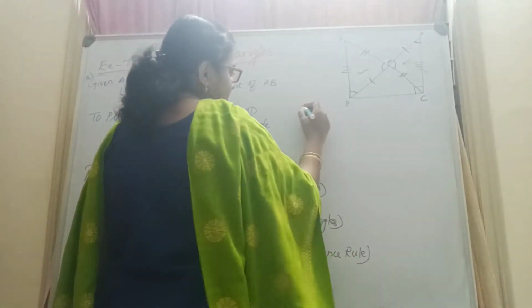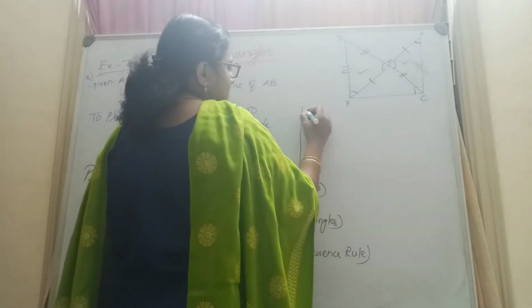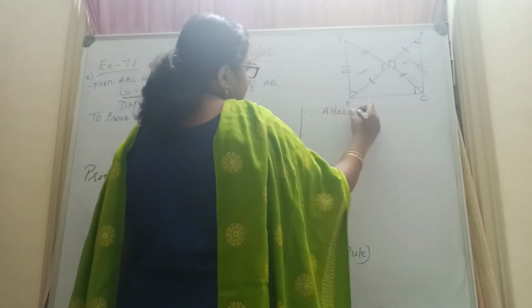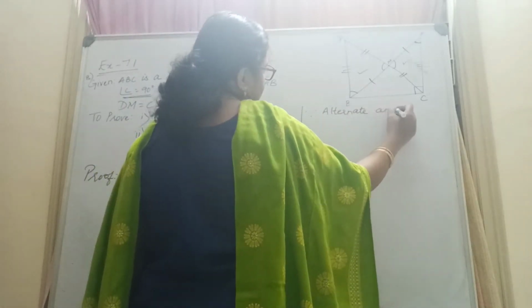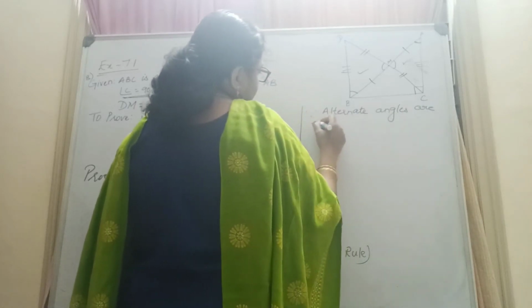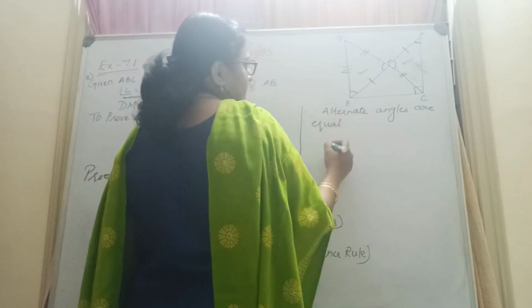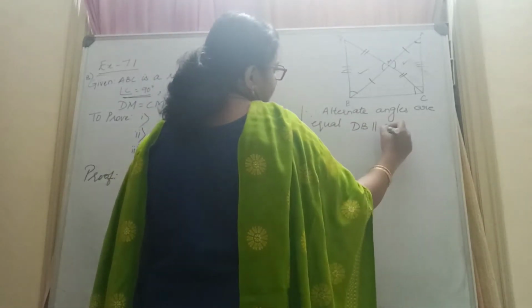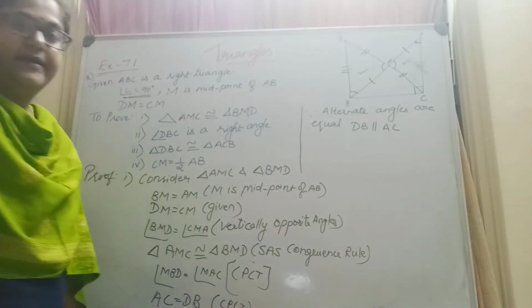So since the alternate angles are equal, DB is parallel to AC, right?